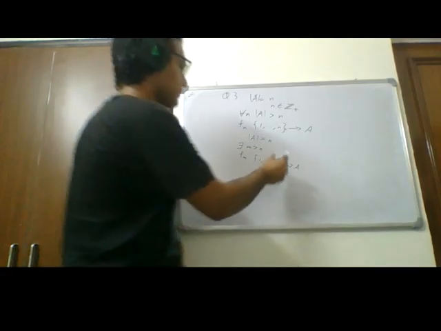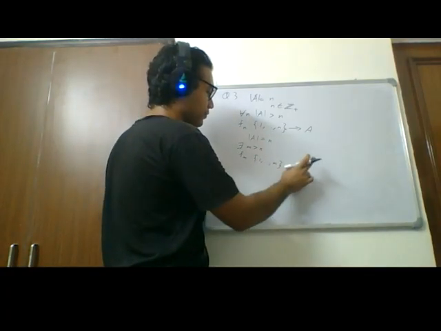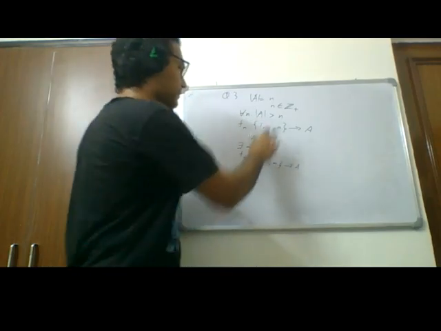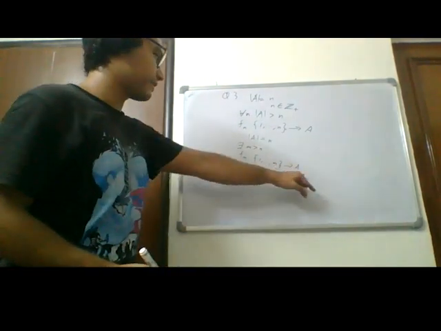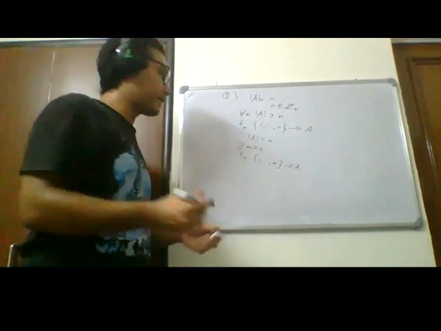There's going to be an injection from the section of m to the section of n, and that's a problem because this is a proper subset of this. So that's a direct contradiction.